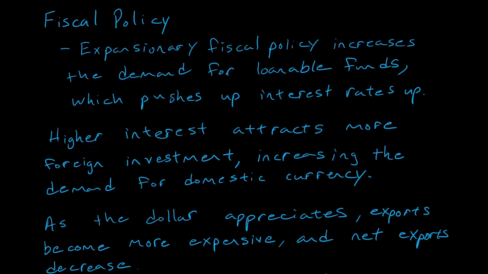Right? So, the government tries to increase aggregate demand by conducting some expansionary policy, right? But because expansionary fiscal policy increases the demand for loanable funds, which makes the country a more attractive opportunity for foreign investors, this increases the demand for that currency, right?